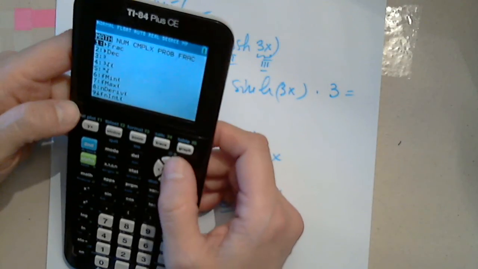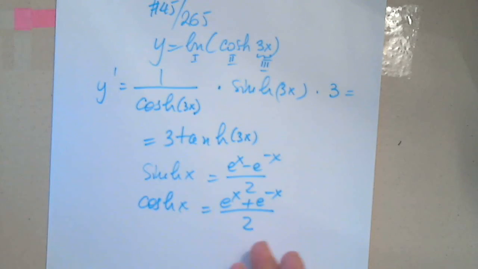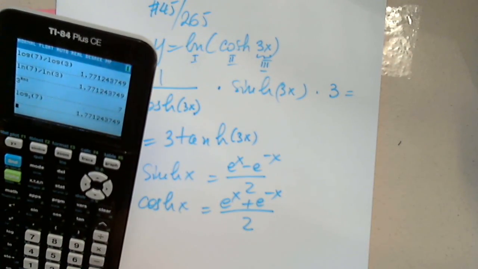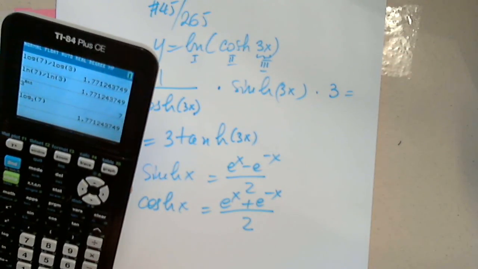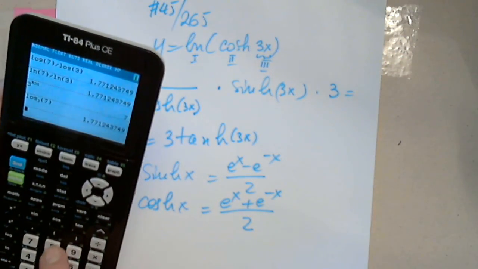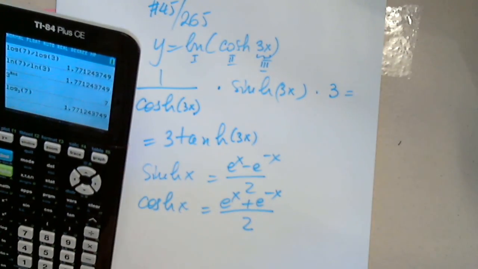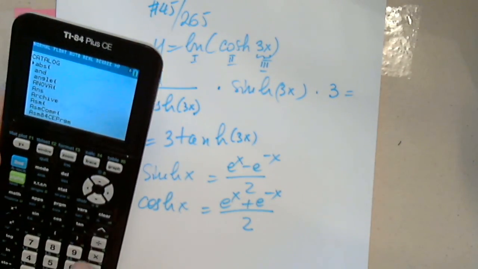If you want to evaluate hyperbolic sine of 5, you will have to put in e to the 5 minus e to the negative 5 over 2. I have never looked because I always knew the formula. But it's a very good question. If you find those in the catalog, maybe.